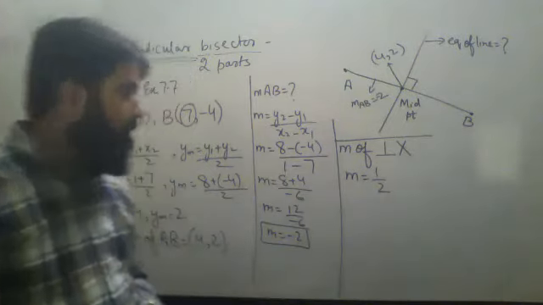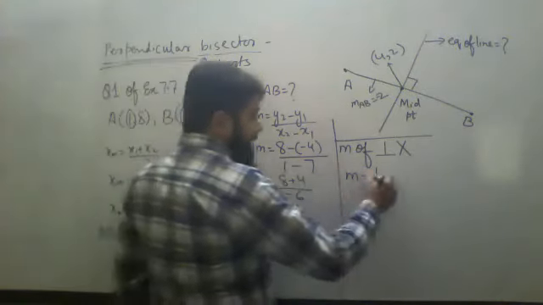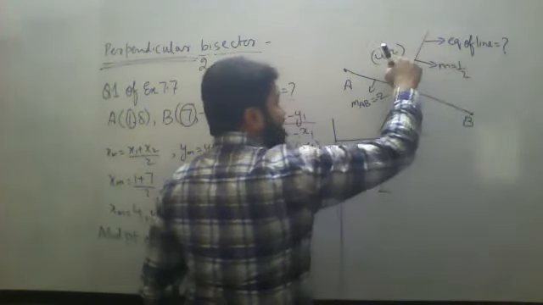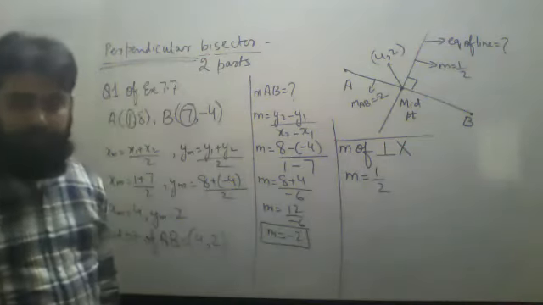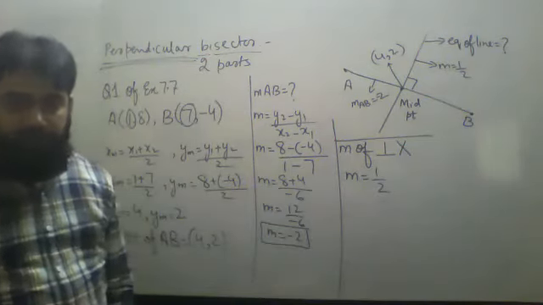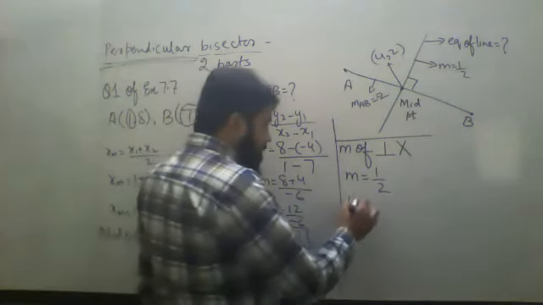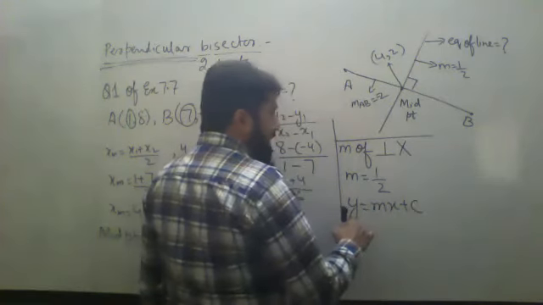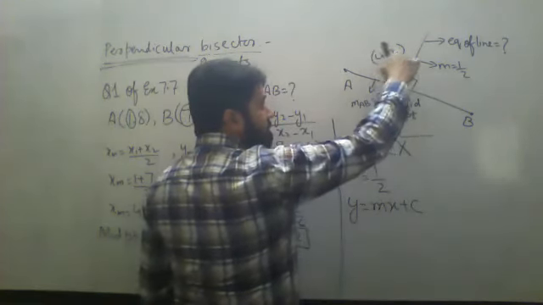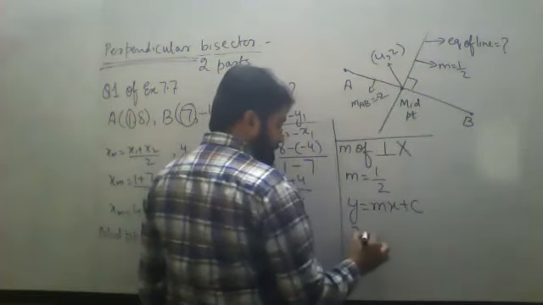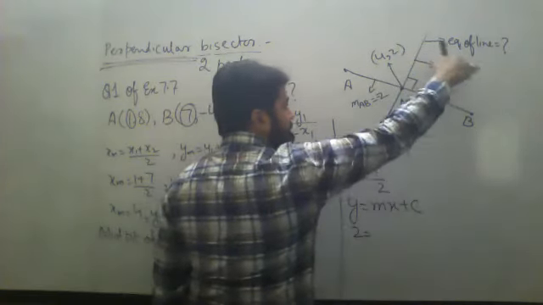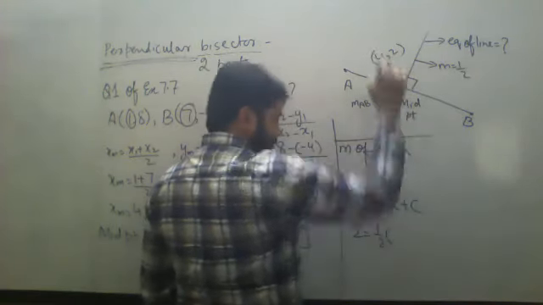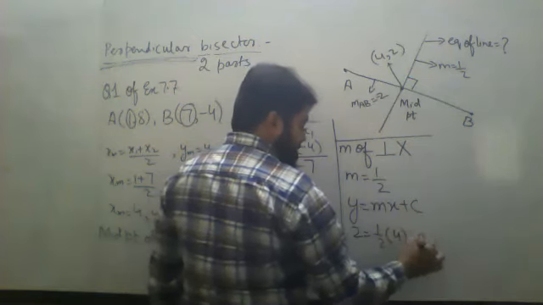Moving ahead, I have got the gradient of this line, m equals 1 over 2, and I have got a point from which the line is passing. So in order to find the equation of the line, what will I do? y equals mx plus c. y coordinate is 2 from here, m is 1 over 2, x is 4, plus c.